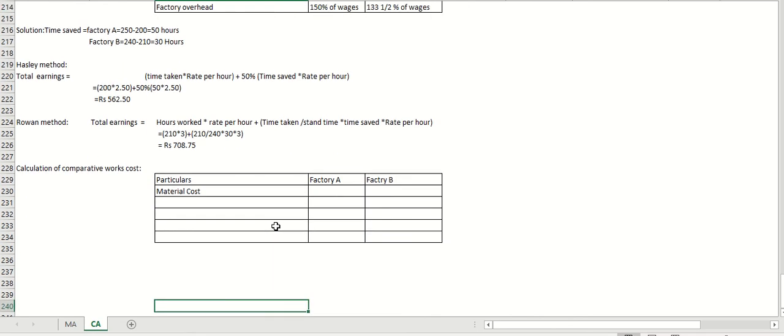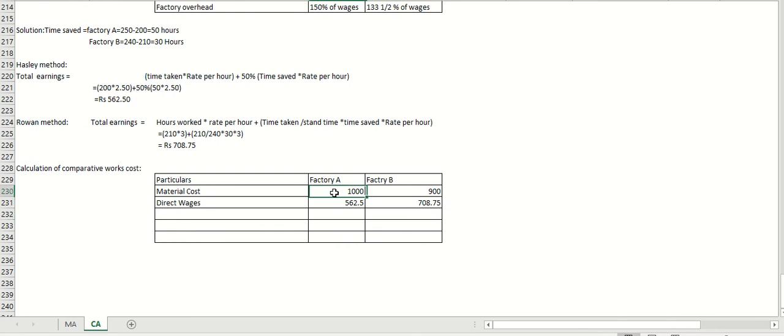Now we add our direct wages. For factory A it is 562.50, which is the Halsey method they are following, and for factory B it is the Rowan method, which is 708.75.